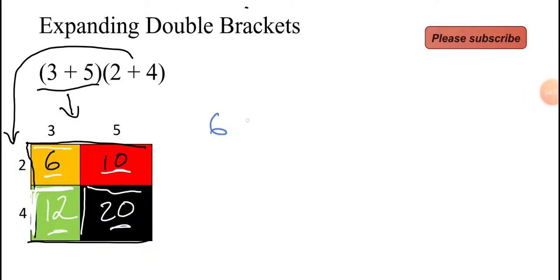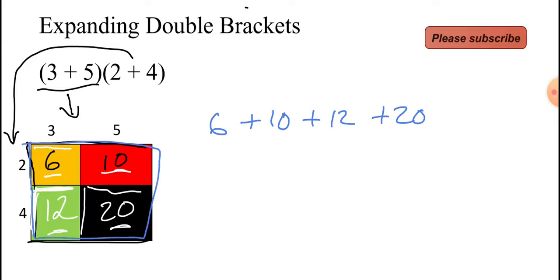So 6 add 10 add 12 add 20 is the area of this entire rectangle. So if we do 10 add 20, that's 30, add 12 is 42, add 6 is 48. So the area of the entire rectangle is 48.